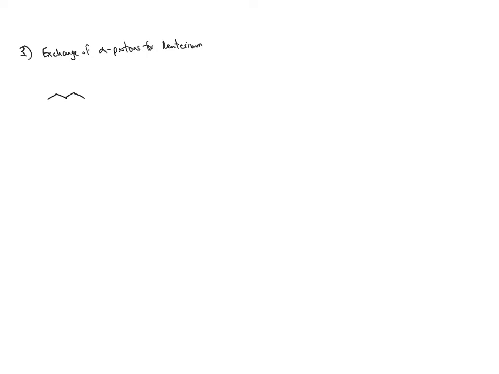Okay, so we know that deuterium is just a proton that has an extra neutron in its nucleus. And so if we were to take this 1,3 diketone and treat it in the presence of D2O, well, the first thing that might happen is you might get an enol to form.